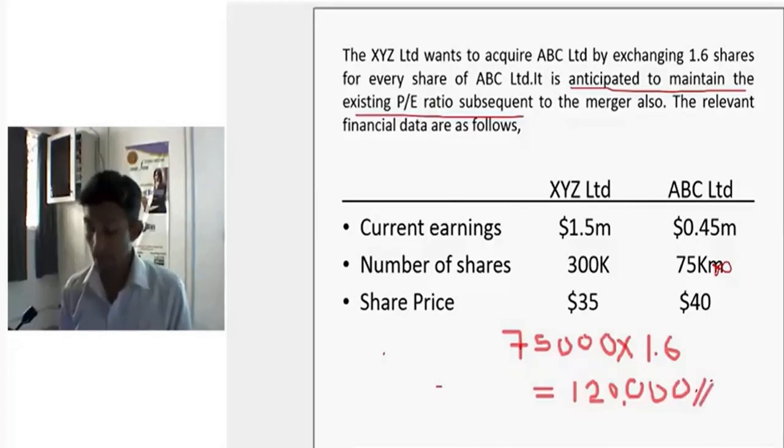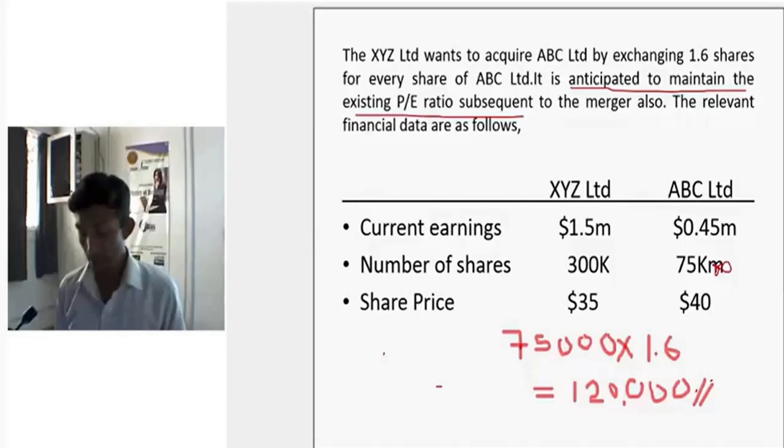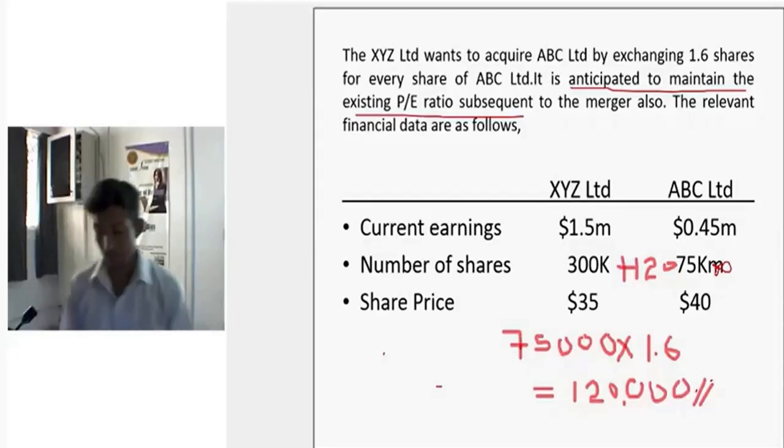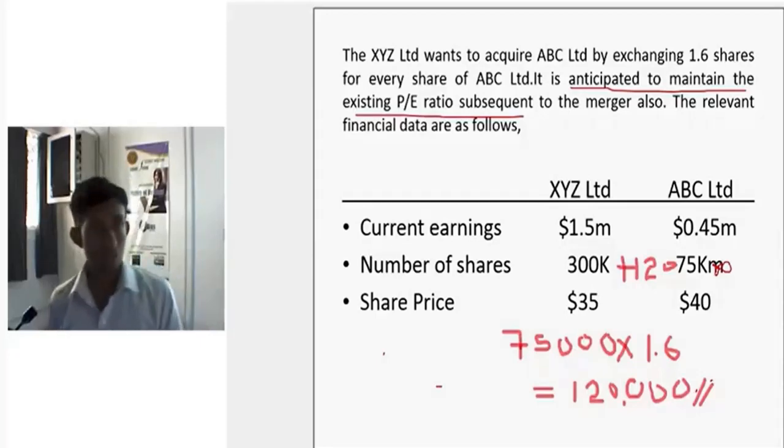Then what is the total number of shares? XYZ already has 300,000 shares and they are issuing another 120,000 shares. So what is the total number of shares of the new company? That's going to be 420,000 shares.